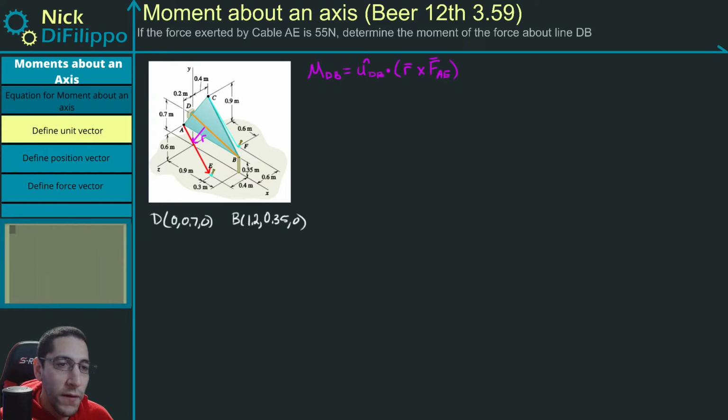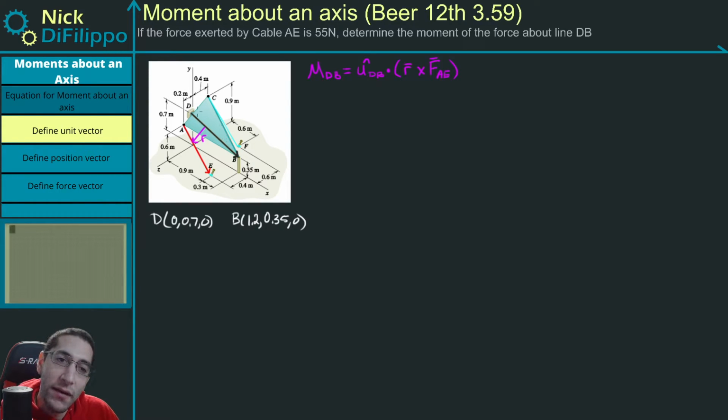Now, we're free to choose whatever direction we want this to point. We can choose to have a vector that points from D to B, or we can choose to have a vector that points from B to D. I'm going to choose D to B, and this determines the way I subtract these two points from each other.